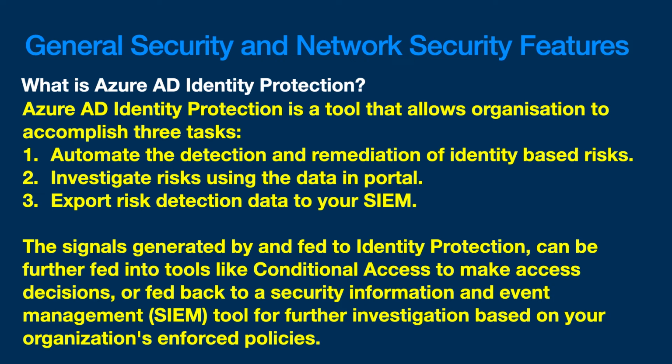Third is export risk detection data to your SIEM. The signals generated by and fed to Identity Protection can be further fed into tools like Conditional Access to make access decisions, or fed back to a security information and event management (SIEM) tool for further investigation based on your organization's enforced policies.